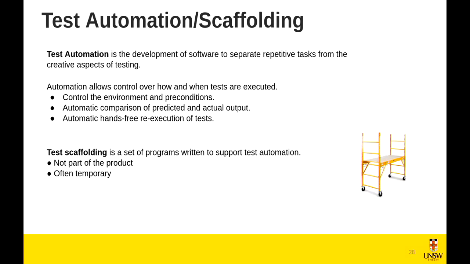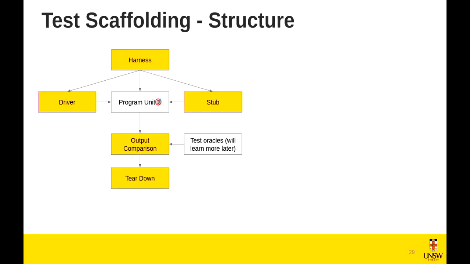So test scaffolding is normally not part of the product, and is often temporary. Here is the structure of a very common test scaffolding code, and here are some more concepts.